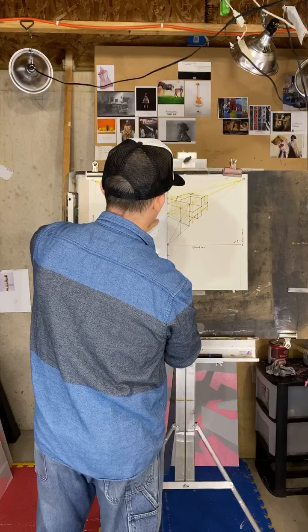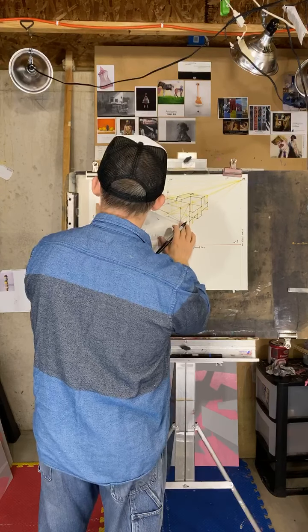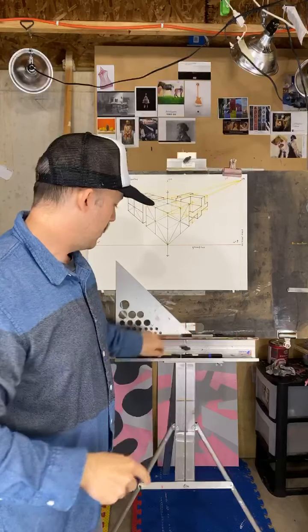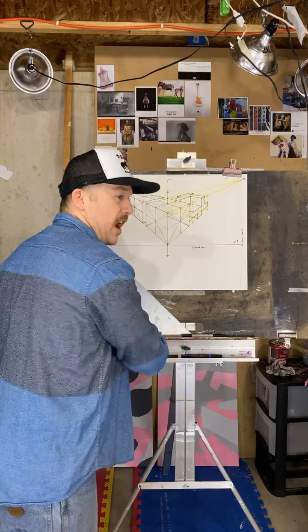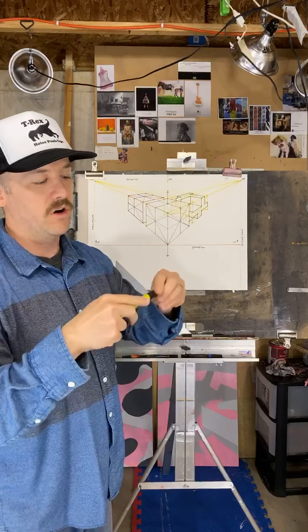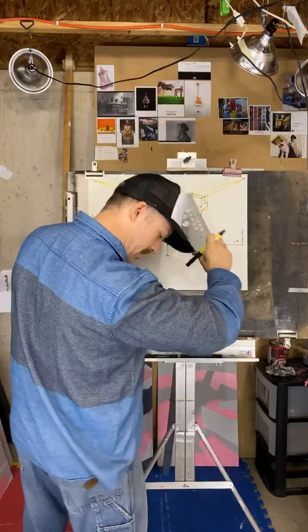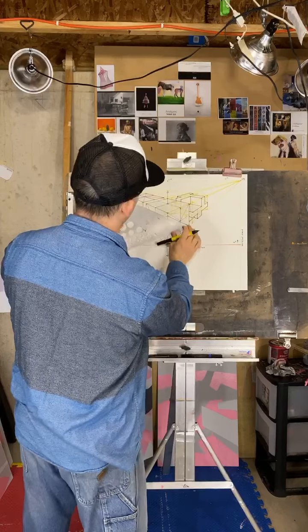We're going to use a yellow marker. That way, I'll know when to stop with my gray marker. And lo and behold, the gray marker falls down.